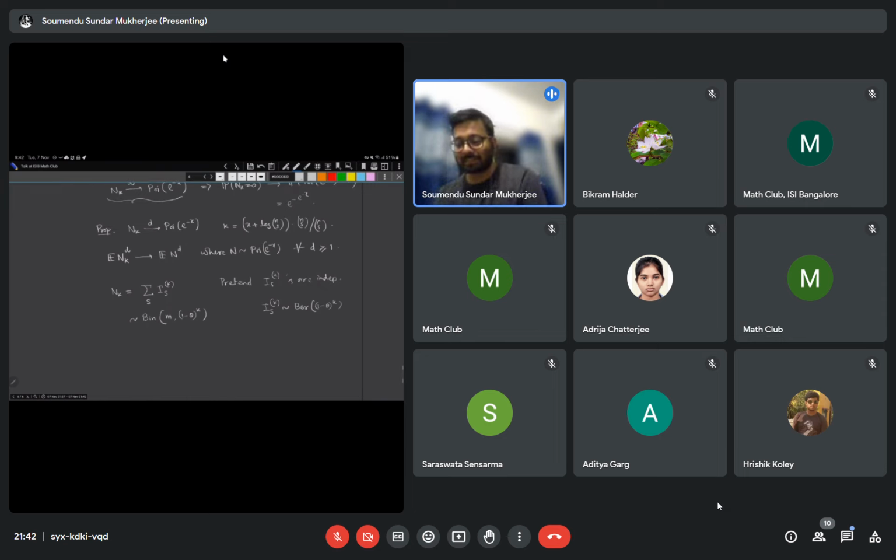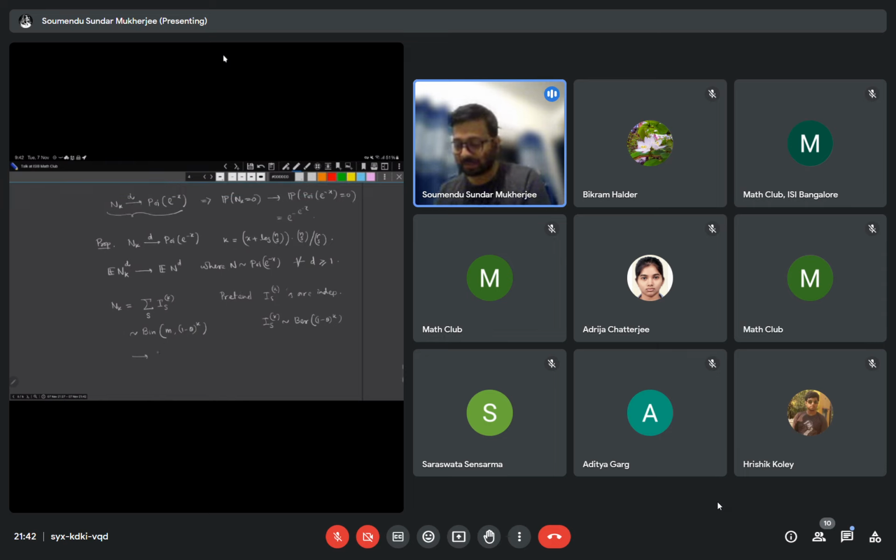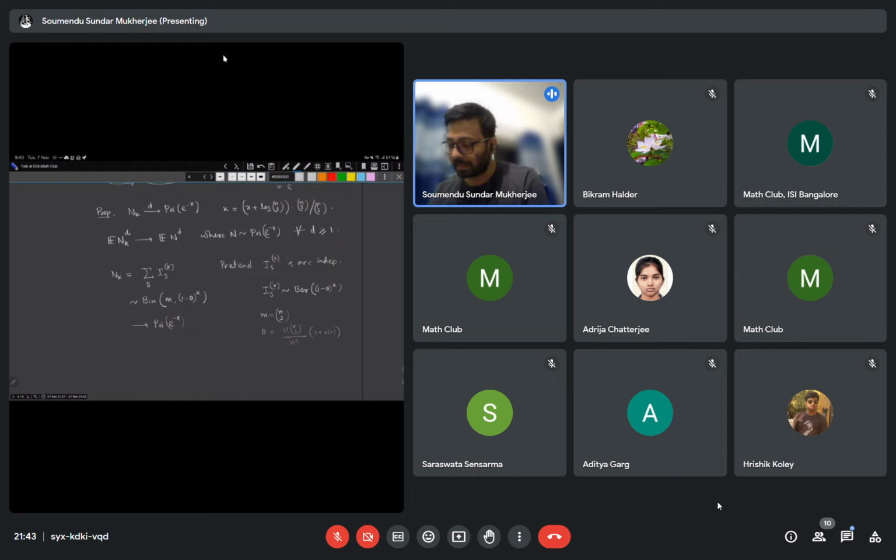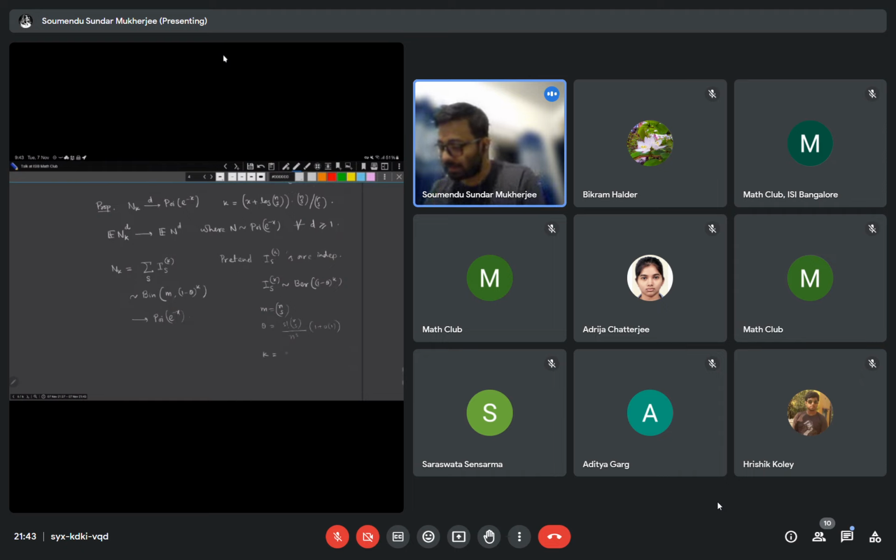It turns out that here you get a Poisson approximation with this type of k. This converges to Poisson e power minus x. You know what m is? m is like n choose s. Theta, you know, is s factorial times r choose s by n power s, into 1 plus little o of 1. And k we know is x plus log n choose s, times n choose s by r choose s.